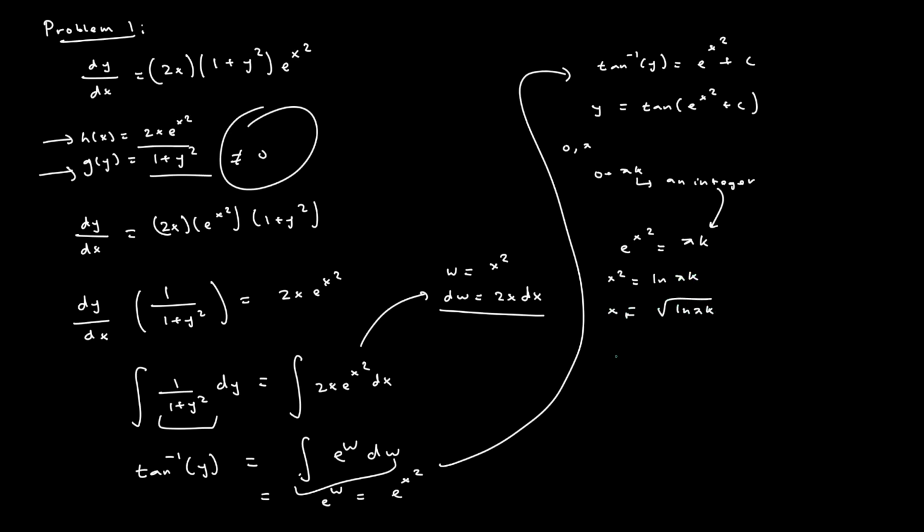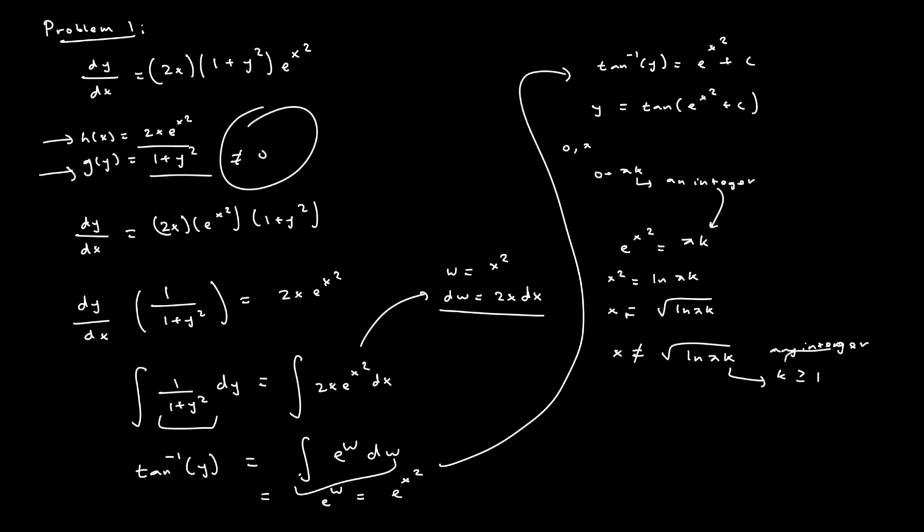So basically, we need to specify that our domain is x is not equal to the square root of the natural log of pi times k. And because natural log only takes in values greater than 0, that must imply that k is any integer greater than 0.